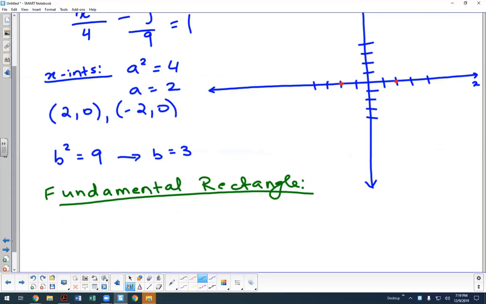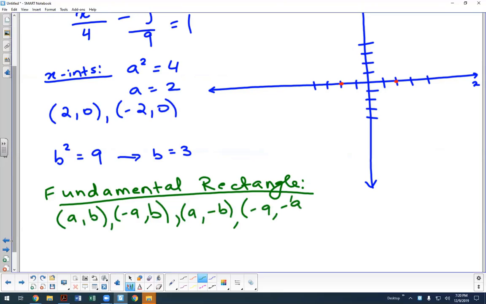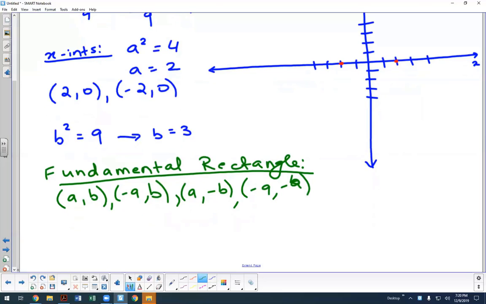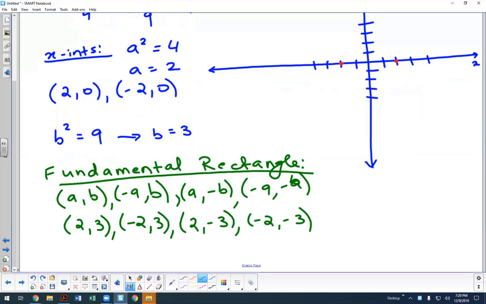So the 4 corners for a fundamental rectangle are going to be positive a, positive b, negative a, positive b, positive a, negative b, and then negative a, negative b. So they're basically just combinations of positive and negative. So in numbers, they will be 2 and 3, negative 2, positive 3, positive 2, negative 3, and then negative 2, negative 3.